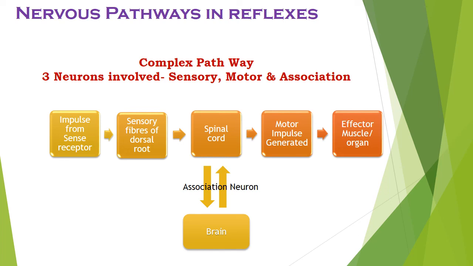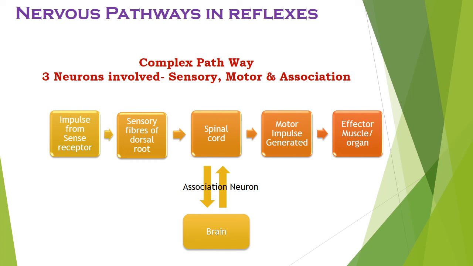What is added? The impulse from the spinal cord will go to the brain. The brain will analyze that impulse, develop the response, and then this response will come to the spinal cord. So the intermediate in this process is the association neuron.